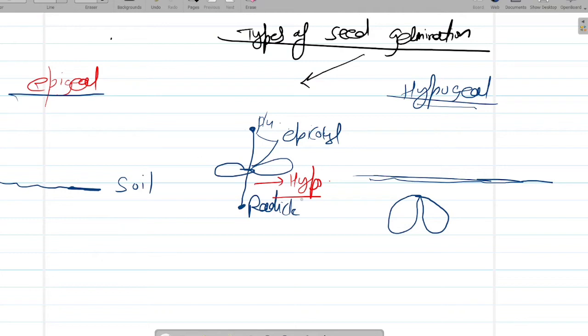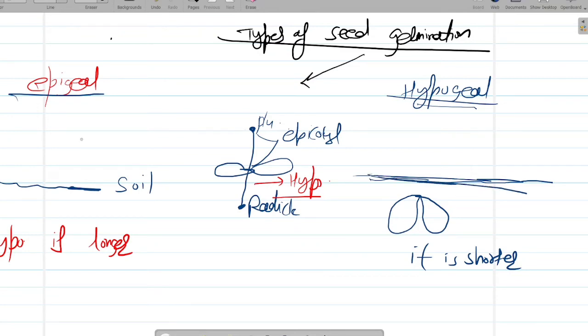In epigeal germination, the hypocotyl is longer, while in hypogeal germination it is shorter. That's why your cotyledon will not come out of the surface. In epigeal germination the hypocotyl is longer, and this helps the cotyledon come out of the surface.